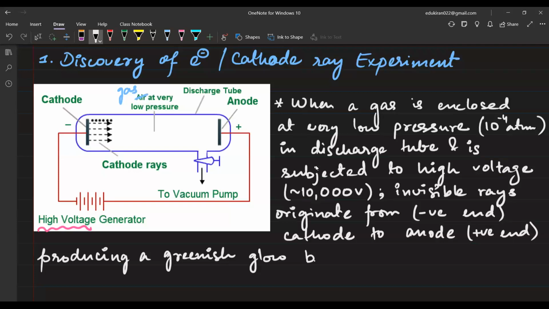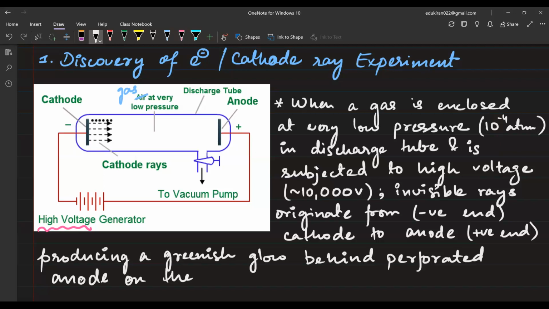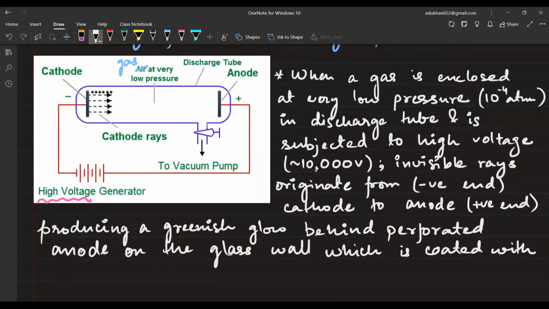Behind the perforated anode, on the glass wall, which is coated with zinc sulfide.